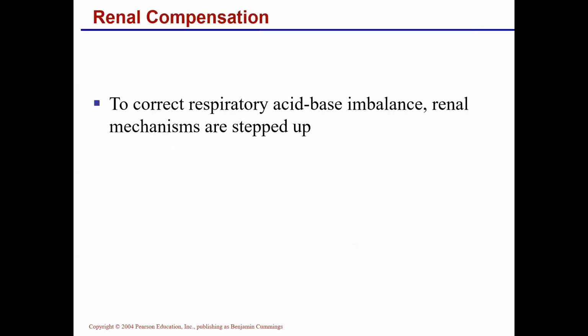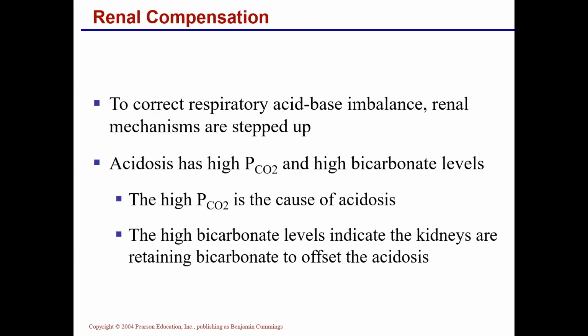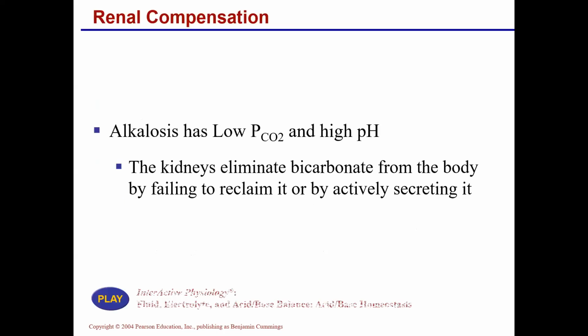The bottom line is, if it's a respiratory problem, then the respiratory system cannot be used to compensate, and only the urinary system can be used. But if it's a metabolic abnormal condition, then both respiratory and urinary systems can be used to adjust pH. I think that's it for this lecture.